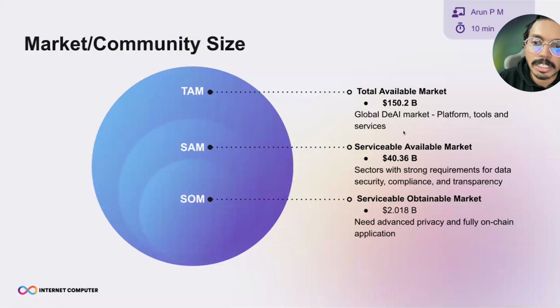The serviceable addressable market includes other chains or projects like Fetch AI, or different projects which say they're completely on chain, but most of the parts are not working on chain. They do have a verification part on chain. But the beauty of ICP is that everything can be run completely on chain, from the front end, from the inference engine to the end user integration.